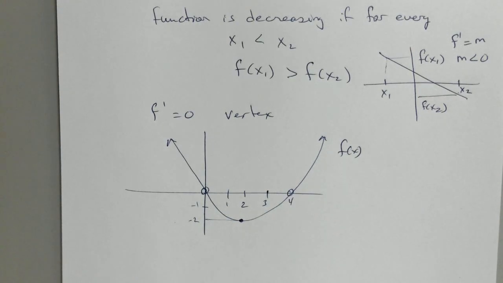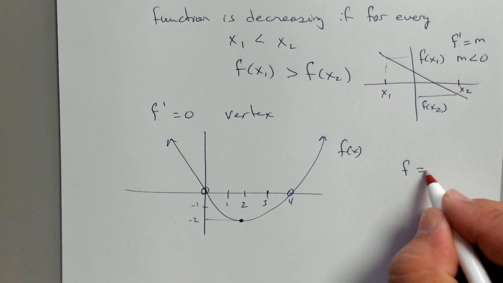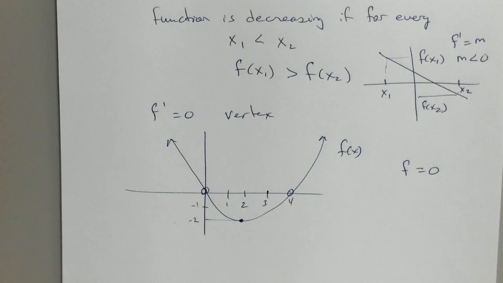How do we find the intercepts? Good answer. Find the x-intercepts of a function. Not x equals 0. Set the function equals 0. Anywhere the function is equal to 0, those are your x-intercepts.